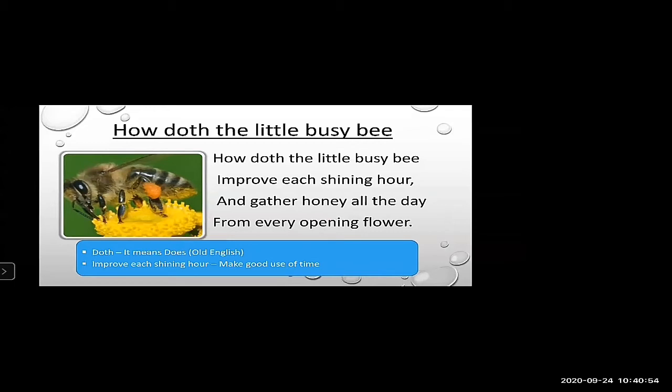Here, opening flower means blooming flowers. You can see in the picture also the bee is sitting on a flower and it is collecting the nectar. And from this nectar, the bee will prepare the honey. This honey is stored in the beehive and it is used as food for a later period.